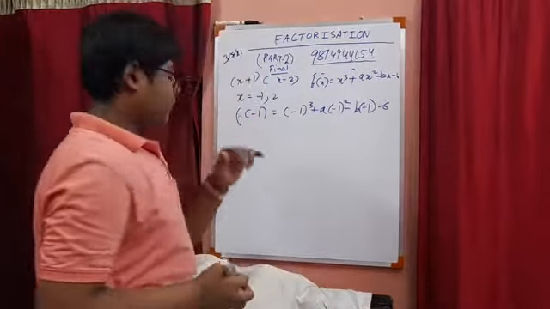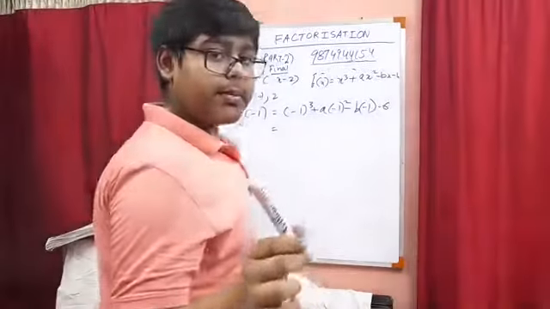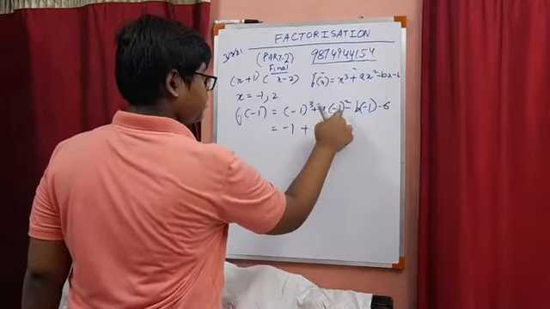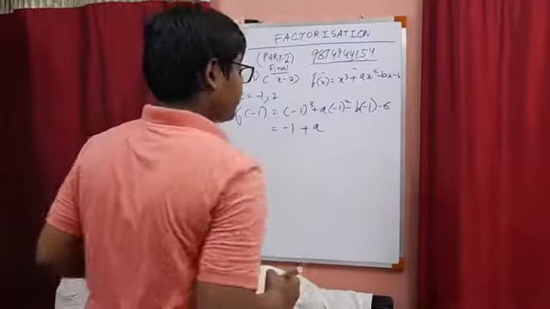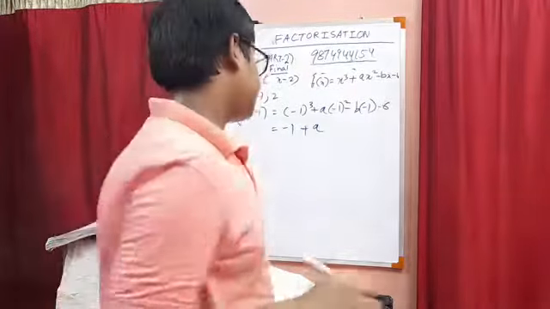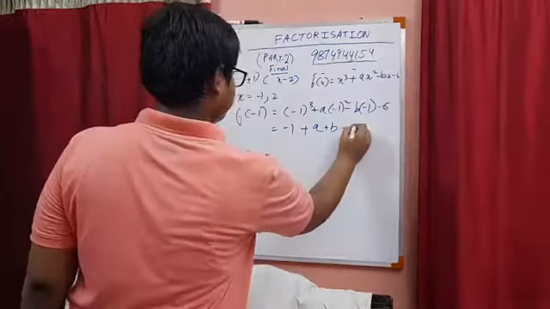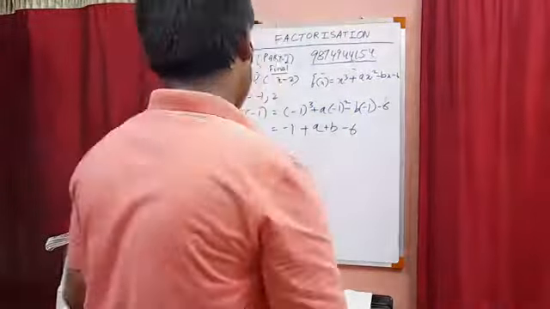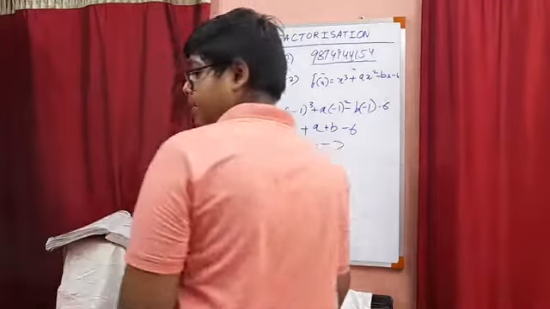Now we will simplify it further. Minus 1 cube will be minus 1 itself, minus 1 plus a into 1, minus b into minus 1, negative negative positive means plus b, minus 6 will be minus 6 itself. Now minus 1 and minus 6 will unite, and it will become a plus b minus 7.